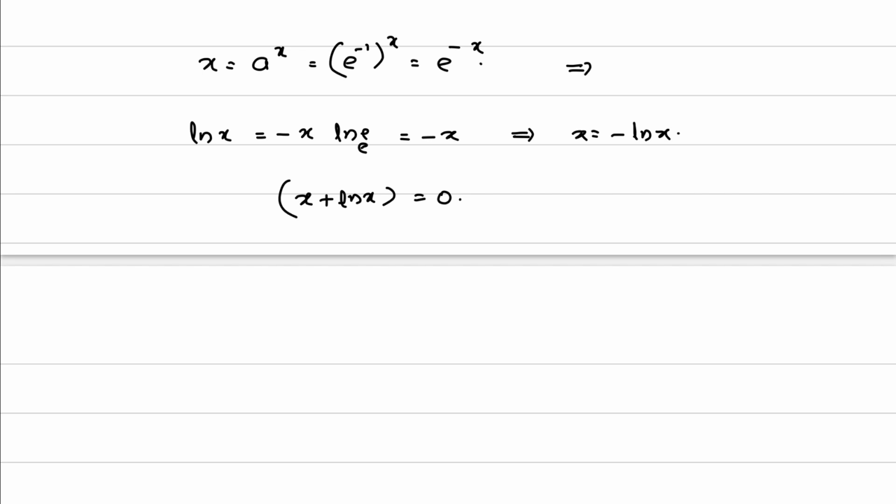If x is positive, then ln x should be negative. For ln x to be negative, x should be less than 1.